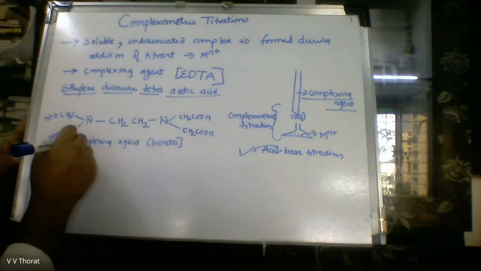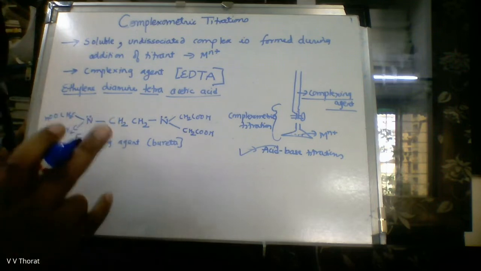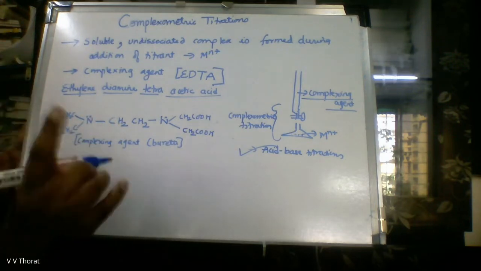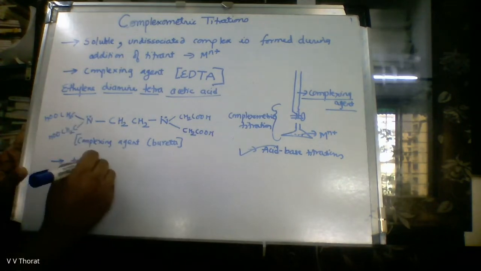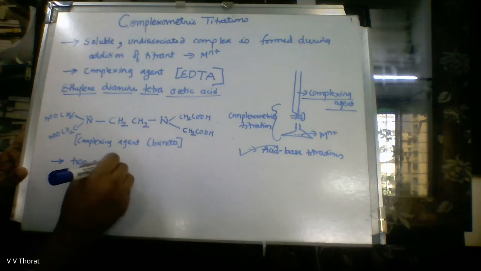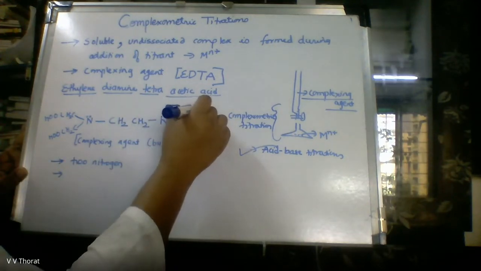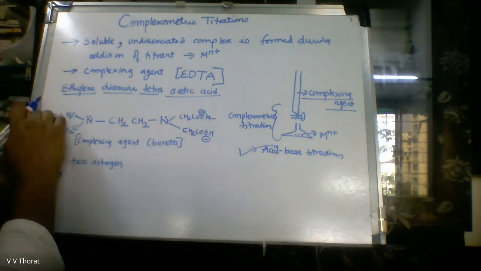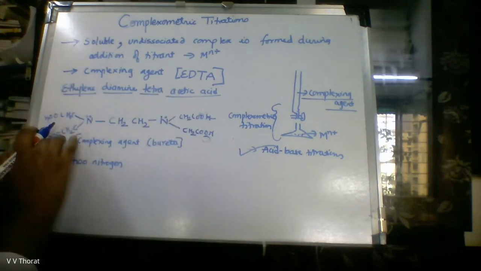Now what happens is that EDTA will coordinate to the metal atoms through six sites. Sites means through two nitrogen atoms. Then you have four oxygen atoms for coordination, this oxygen and this oxygen.